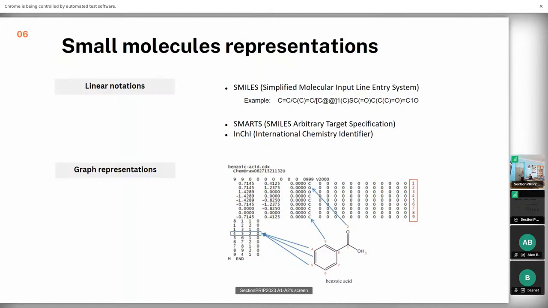But linear notations have a drawback in generation models: the generative model can generate invalid strings, but graphs are always generated in a proper way. Therefore, we decided to use graph representations for our work.